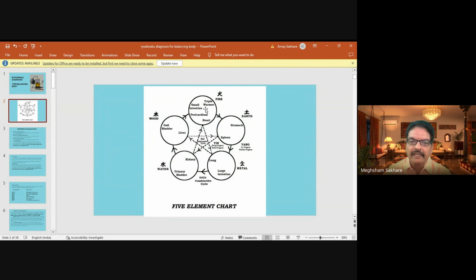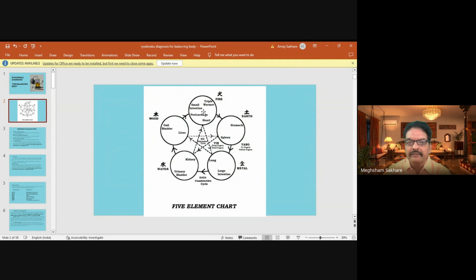In fire, there are 4 channels in acupuncture: triple warmer or San Jiao, you can say. Then heart, pericardium and small intestine, these 4 channels are of the fire element.